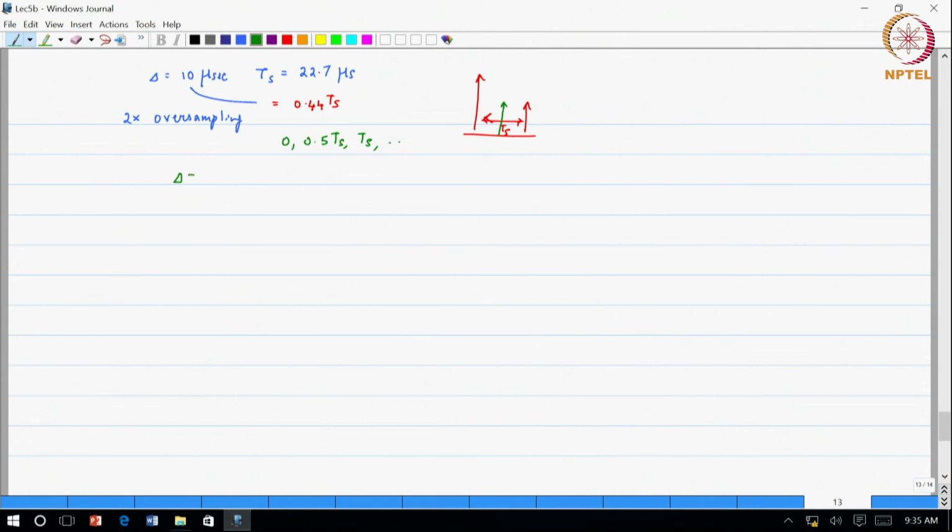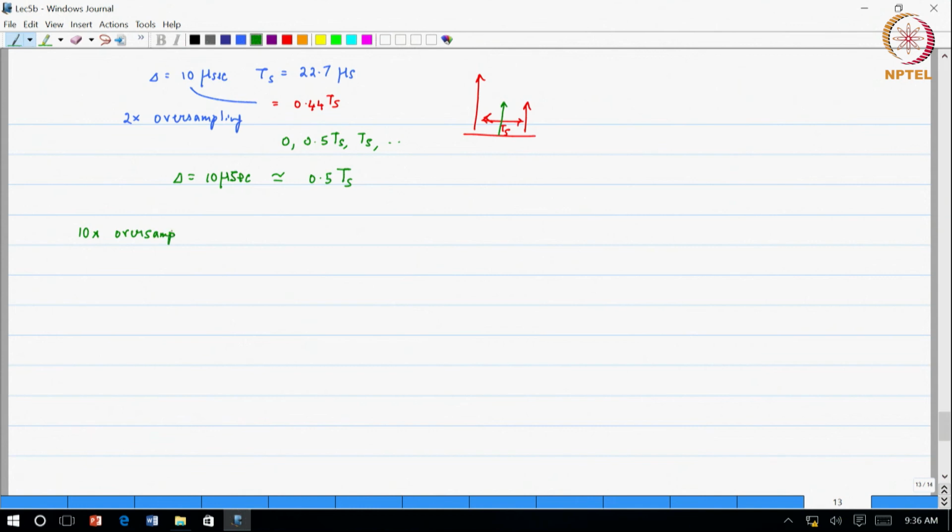So delta equal to 10 microseconds can be approximated as 0.5 TS, instead of 0.44 TS. You say, okay, that's okay, but not quite all right, because I am doing very high end, I want to reproduce the concert hall very precisely. So then we say, okay, I will go to a 10x oversampling.